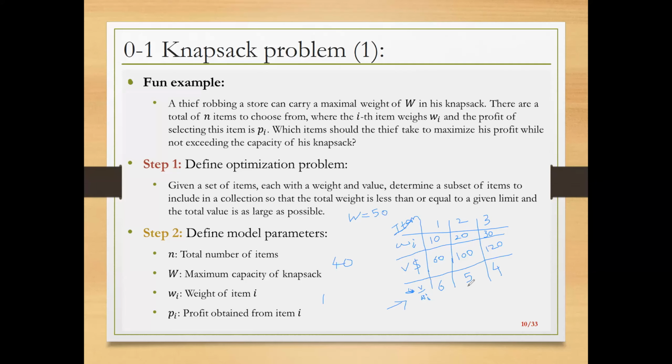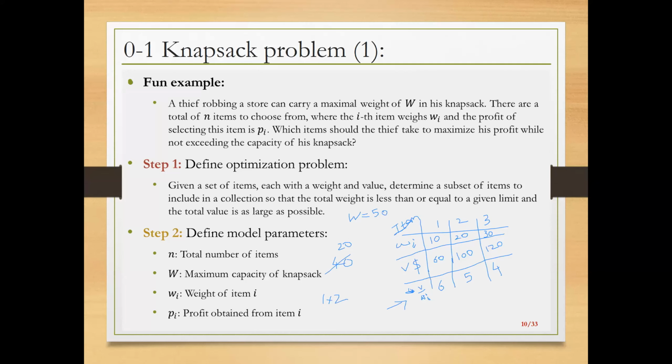So I'll go for the next item, which is item number 2, because it has a ratio of 5, which is the next greatest value. And I would take it, and that would be 20 kg, so this would reduce to 20 kg. So I can carry 20 more kgs, but item number 3 weighs 30 kg, so it will not fit.